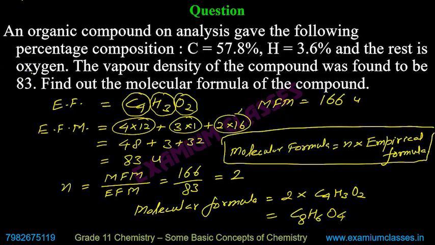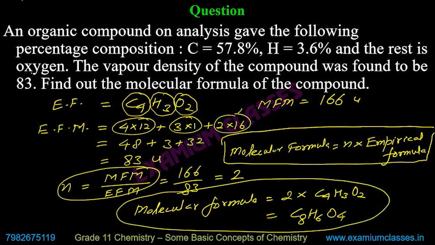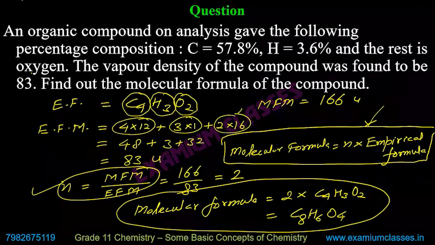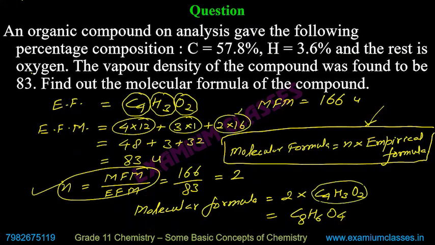This is what I applied here and here, both places. From this, I got n equals molecular formula mass divided by empirical formula mass. So I got the value of n. Then I multiplied the empirical formula by the factor n to get the molecular formula by again applying this relationship. Is that clear? Yes.